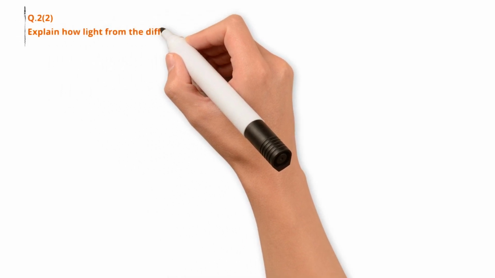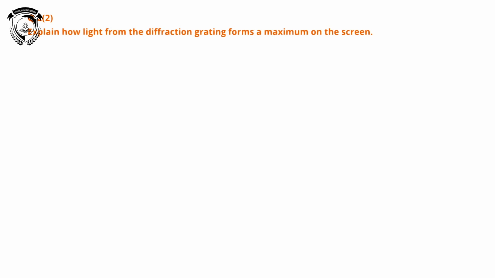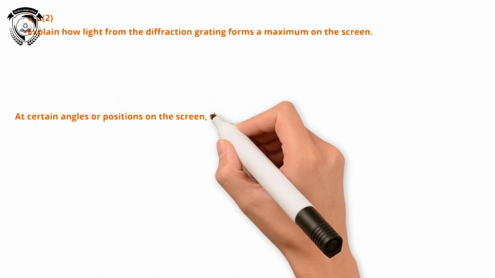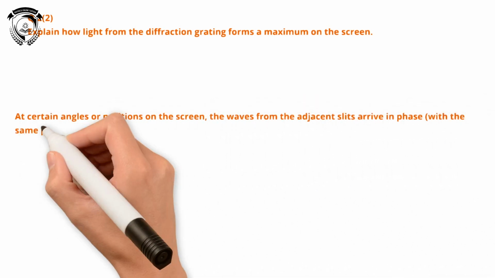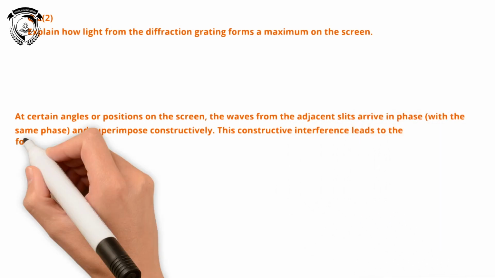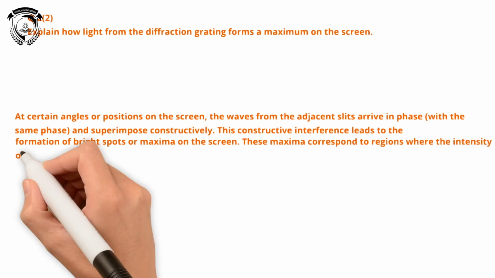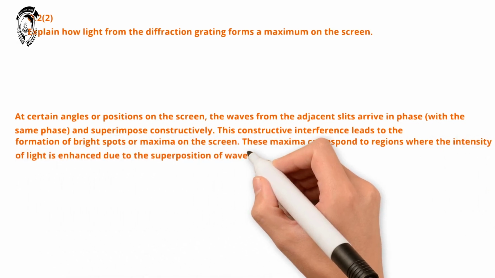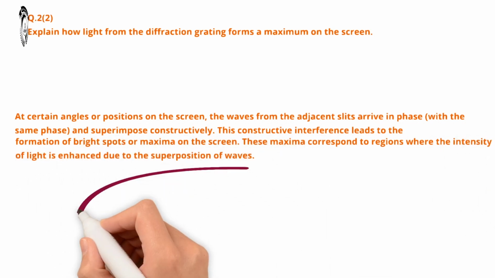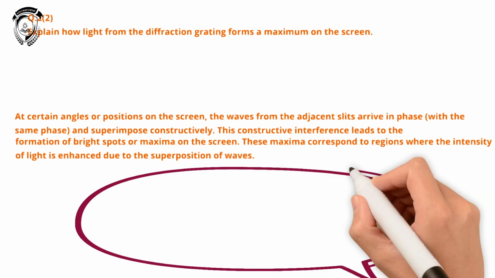Question 2.2. They're asking us how light from a diffraction grating forms a maxima on the screen. Now you have to understand the constructive interference here. Whenever the waves from a slit fall on the screen at a certain angle, they superimpose with each other. When the waves superimpose, we have constructive interference.